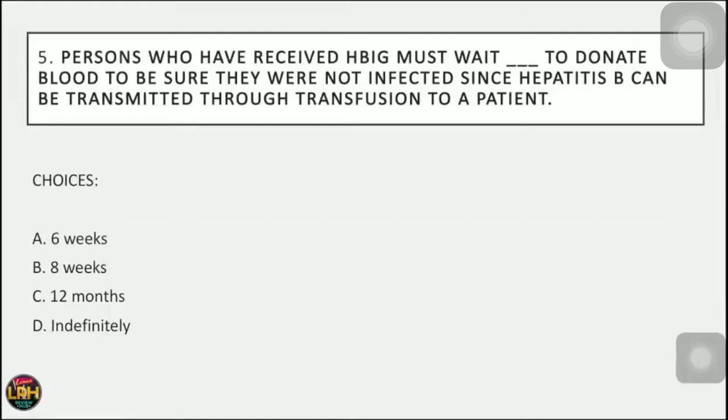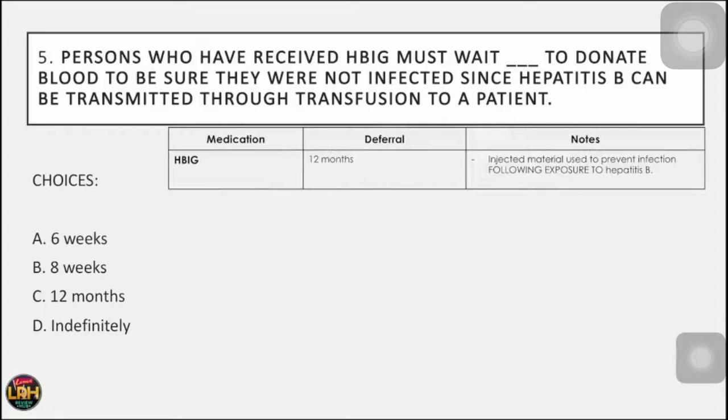For number 5, persons who have received hepatitis B immunoglobulin must wait blank to donate blood to be sure they were not infected, since hepatitis B can be transmitted through transfusion to a patient.